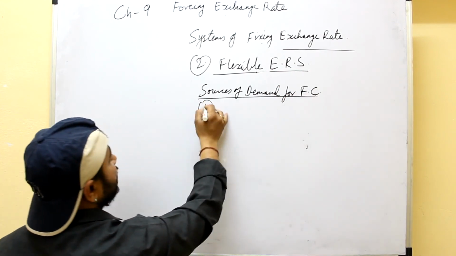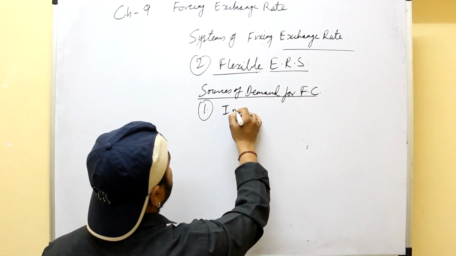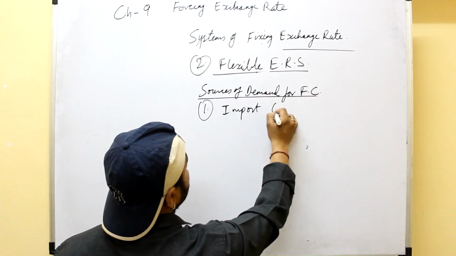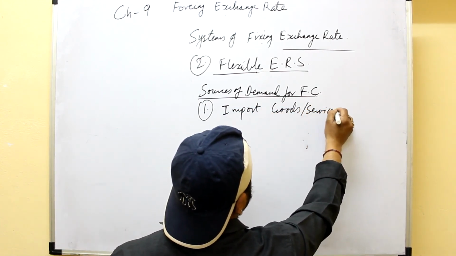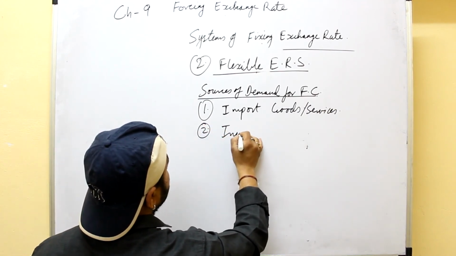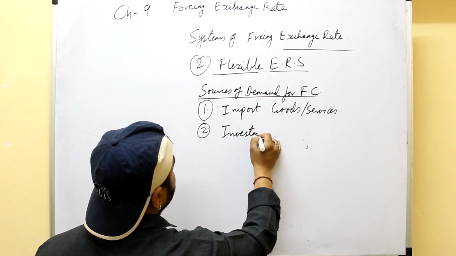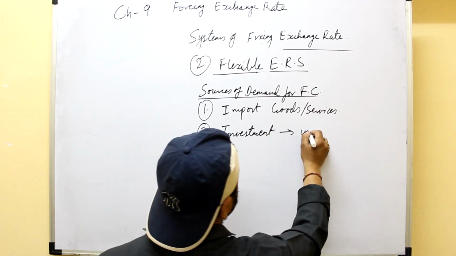Means why the foreign currency is needed, or when a foreign currency is needed. First of all, foreign currency is needed to import goods and services from the foreign economies. Second, it is required for investment in the foreign countries.